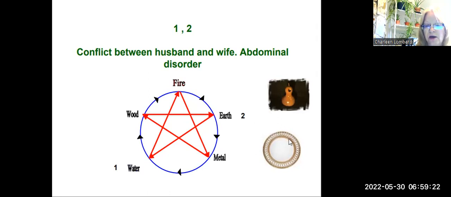So you can add anything in a round shape that is a metal object or a mirror, or anything that is a heavy object, like a metal object would be a good idea. Or you could add a gourd. And apparently these are actually good to weaken the number 2 for the sickness. But remember that the number 1 and 2 are conflicting, and it does conflict between the husband and the wife. So that's for the 1 and the 2.